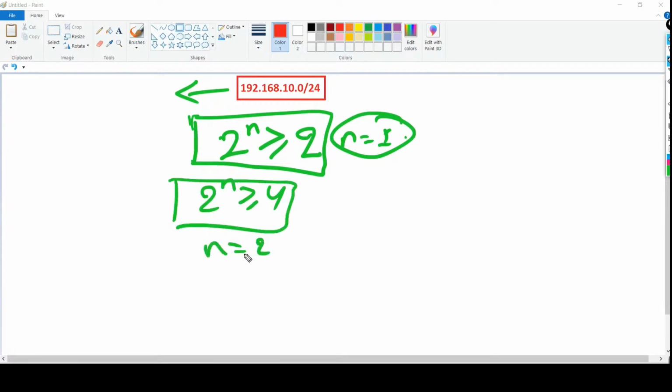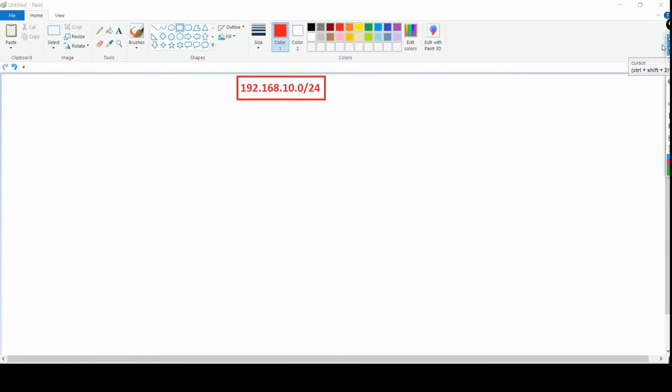If you want to divide this network into 2 parts, you have to borrow 1 bit. If you want 4 parts, you have to borrow 2 bits. First, we are going to divide this network into 2 parts, so you have to borrow 1 bit.